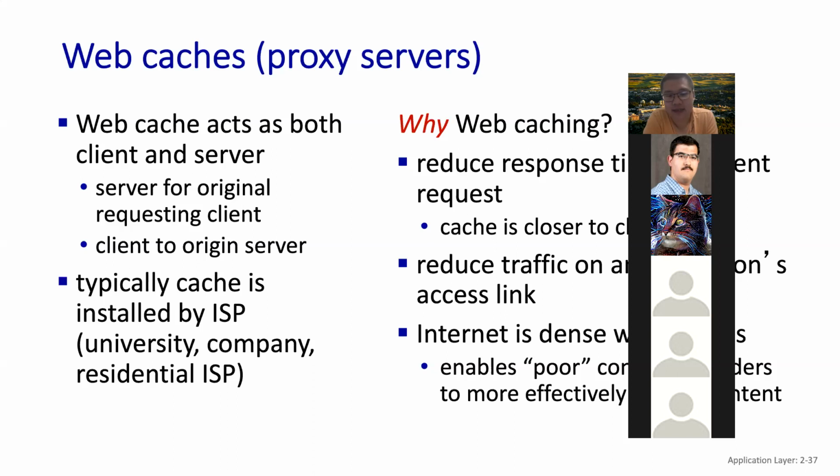And the internet is dense with caches, which enables poor content providers to deliver content more effectively. You add more local caches to make the delivery of content more effective. So this is the purpose of web caching.